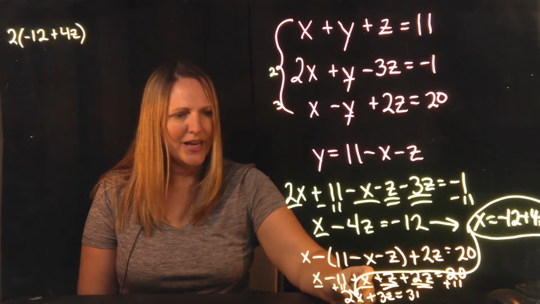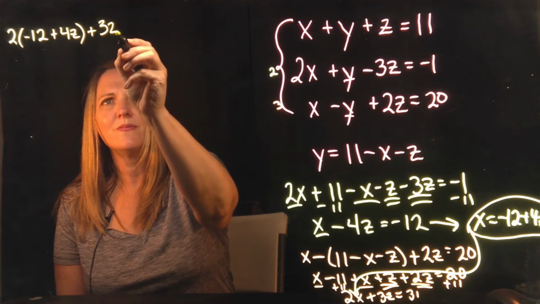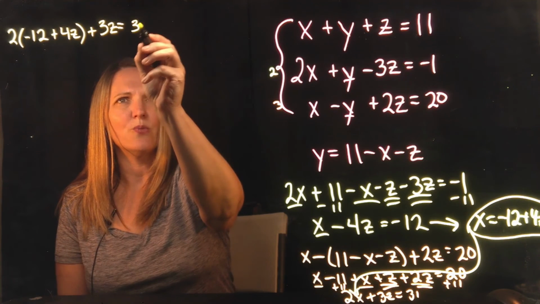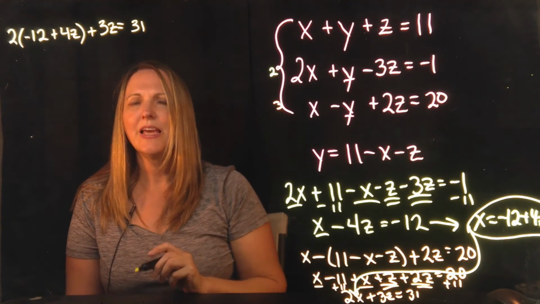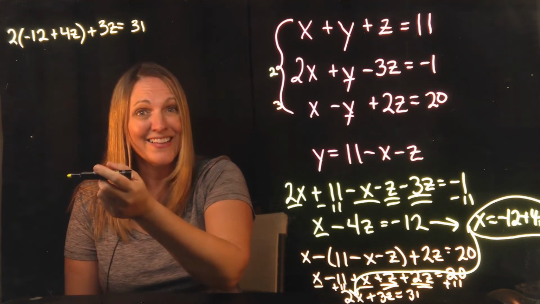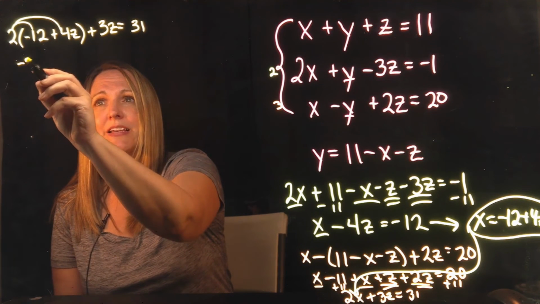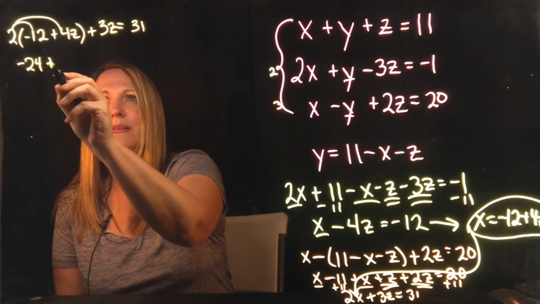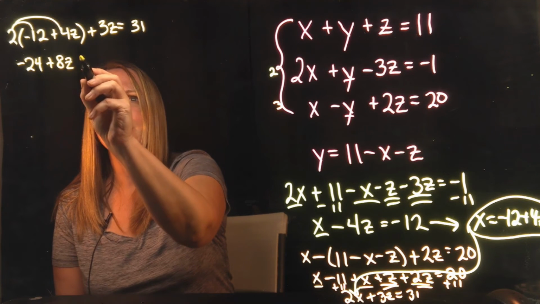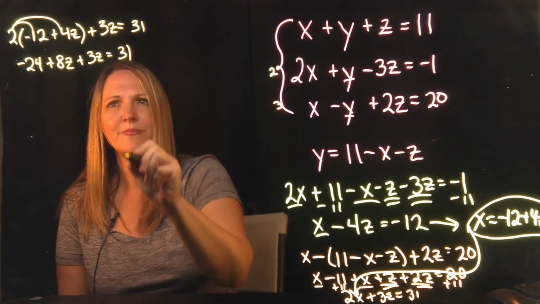That was my 2x plus 3z equals 31. Now you see I have an equation that is all in terms of z. I can solve that. I'll distribute my 2, which will give me negative 24 plus 8z plus 3z equals 31.